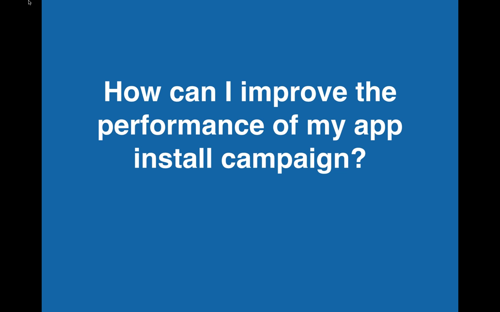Some of the key elements that people often neglect to fully think through or optimize are, one, the marketing messaging and the advertising creatives that you're using to reach out to users. That's the first experience the user has of your application.